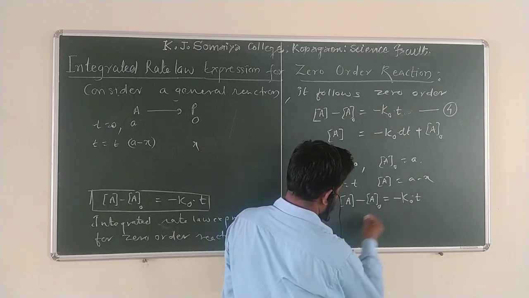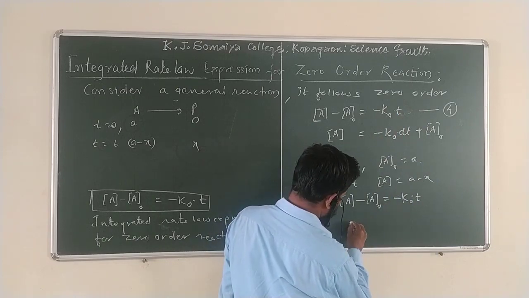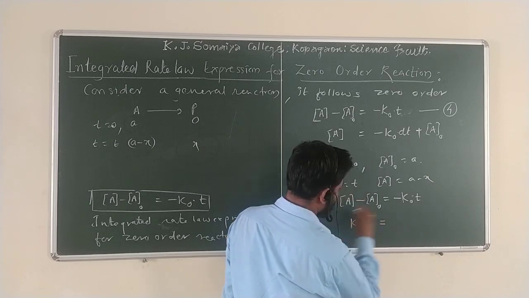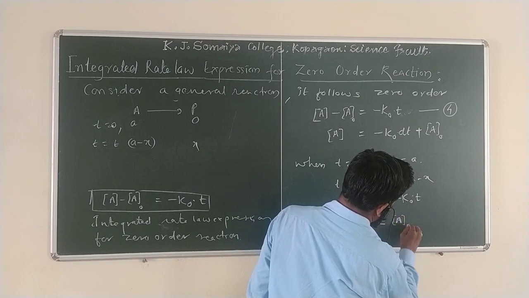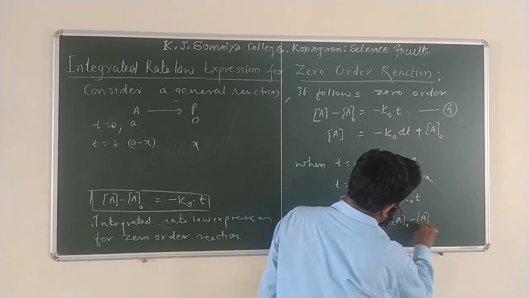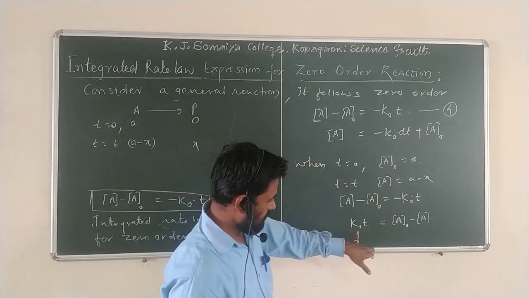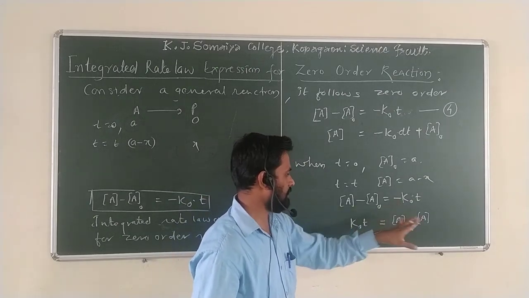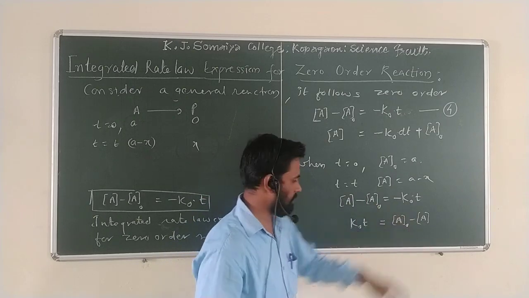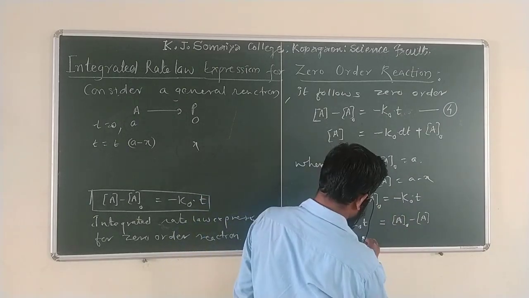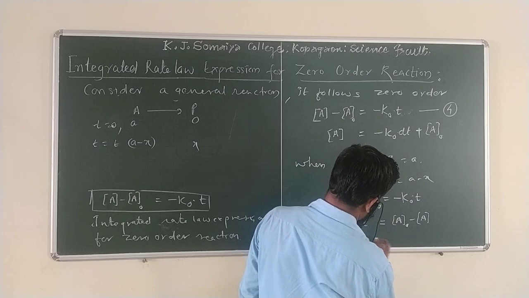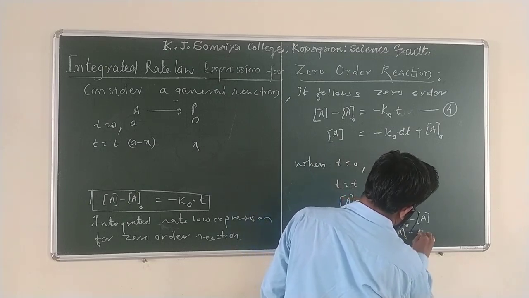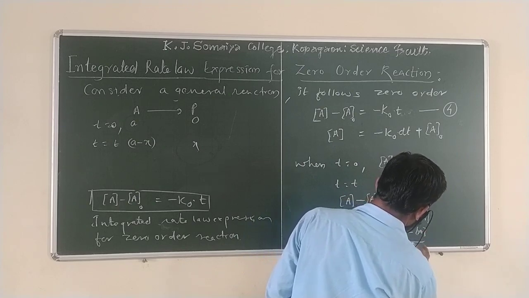Now this can be rearranged: K0 t equals A0 minus A. The negative value shifted to the right side gives A0 minus A. So K0 equals the concentration A0 minus A, divided by t.